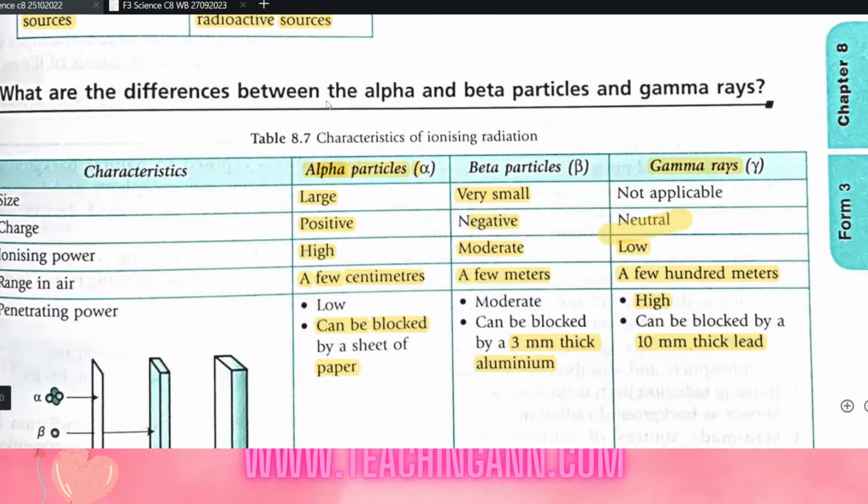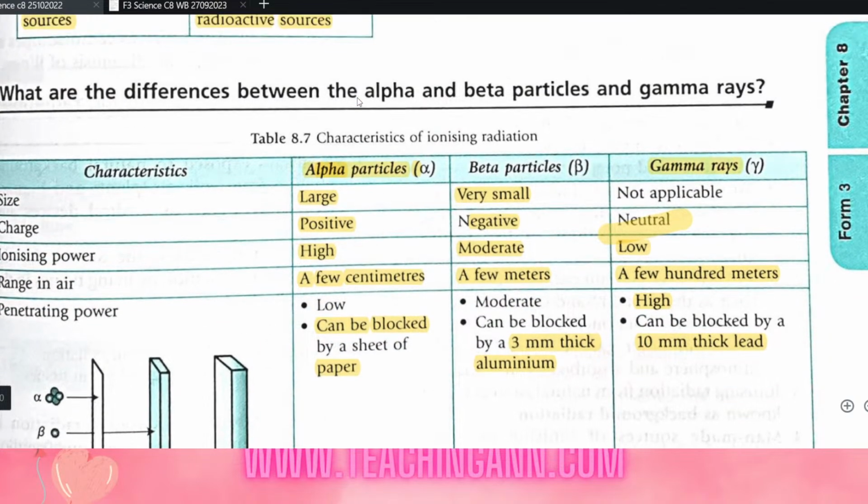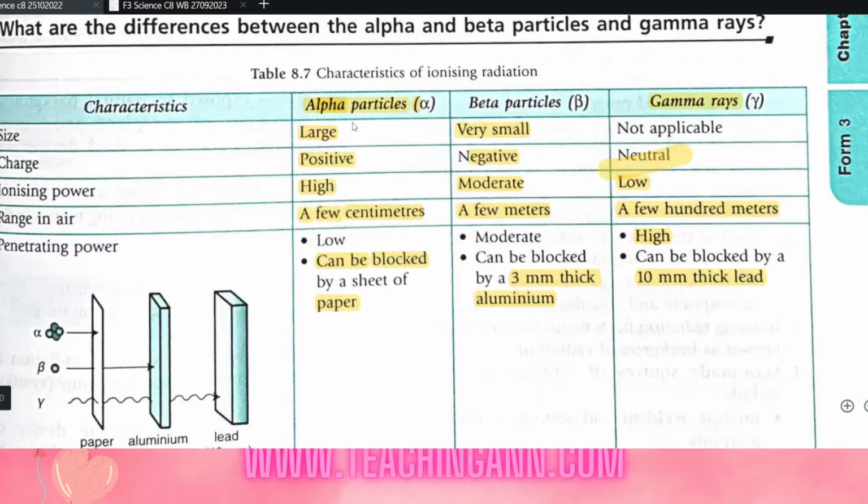Now, what are the differences between alpha particles, beta particles and gamma rays? For alpha particles, its size is really large, 很大的. This is an ionizing radioactive ray, so its size is large. The charge is positive. Ionizing power is very high. And then range in the air.